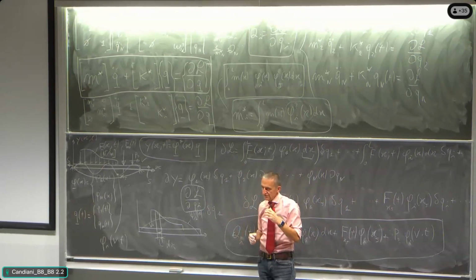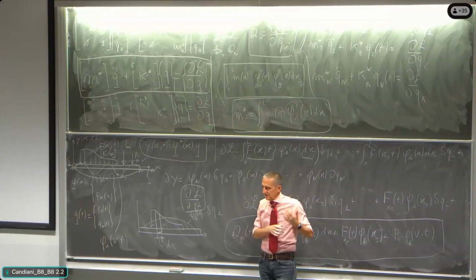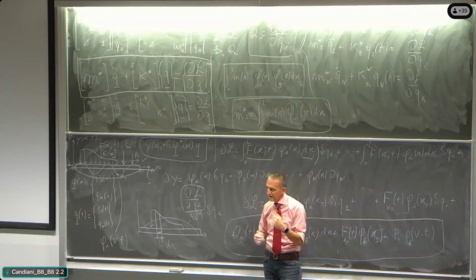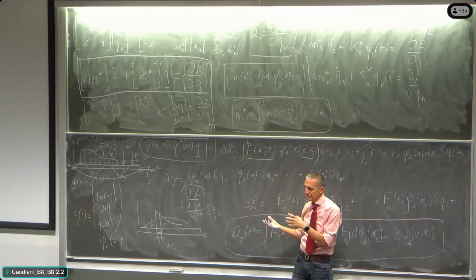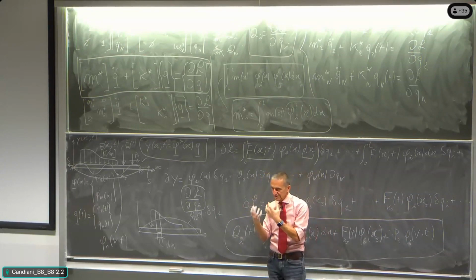So the transformation in principal coordinates, from the mathematical point of view, is the representation of the dynamics of the system into a vector functional space where this operation is very meaningful from a practical point of view.